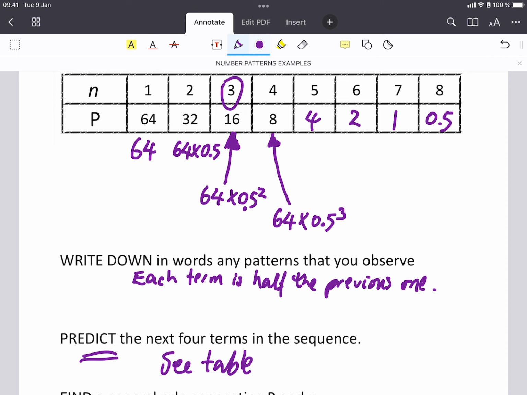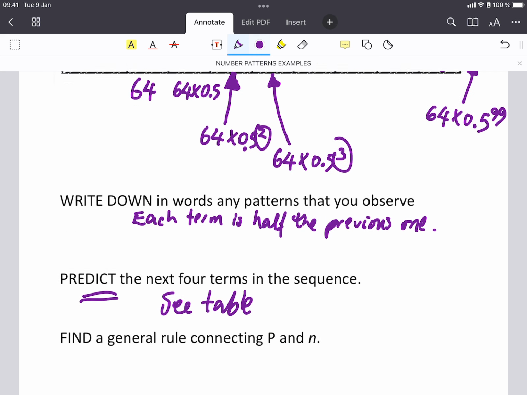So when you've got n equals 3, it's a 2 there. When you've got n equals 4, it's a 3 there. So if you had n equals 100, if you wanted to know the 100th one, then the number that would go there would be 64 times 0.5 to the power of 99, one less.